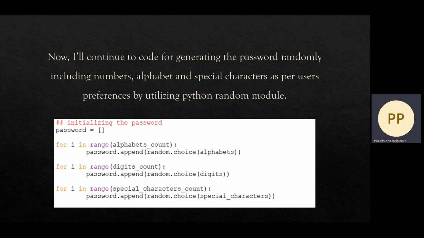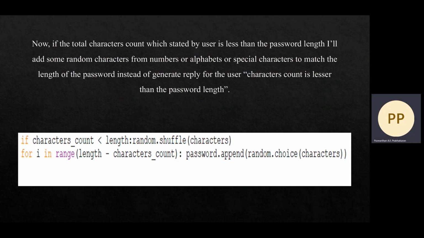Now I'll continue to generate the password randomly, including numbers, alphabets, and special characters as per the user's preference, by utilizing the Python random module. Now, if the total character count stated by the user is less than the password length, I'll make small changes here. Before this, when the characters inputted were greater than the length, it would reply to the user that the character count is greater than the length.